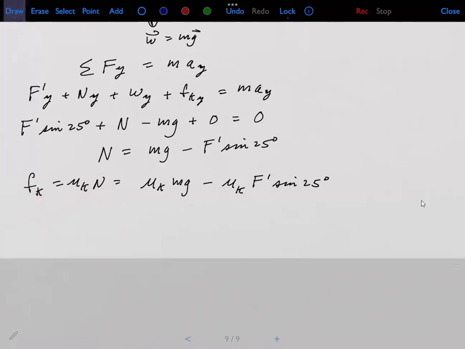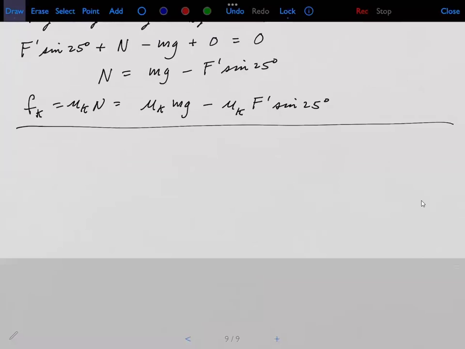All right, so now that I have that, let me go to the x direction. So I have the sum of the forces in the x direction equals max. So now I want the x component of F prime plus the x component of the normal force plus the x component of the weight plus the x component of Fk.